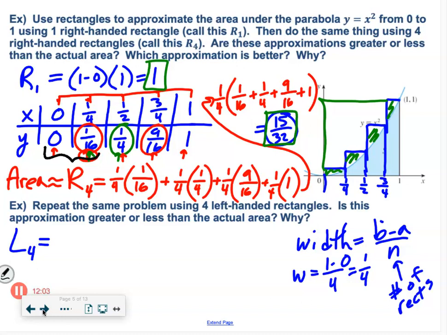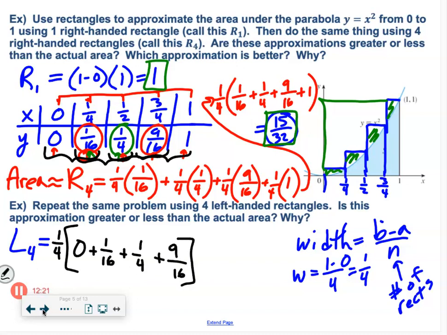So for our first pair, we have 1/4 out front, pick the y value on the left. Next pair, pick the y value on the left. Next pair, pick the y value on the left. Last pair, pick the y value on the left.